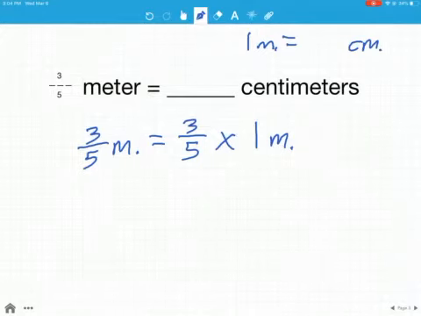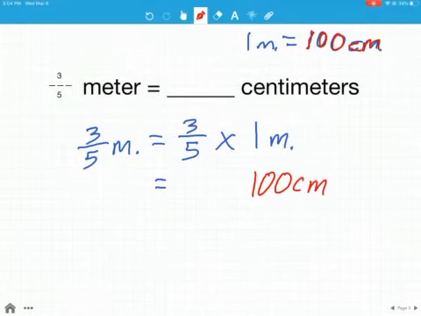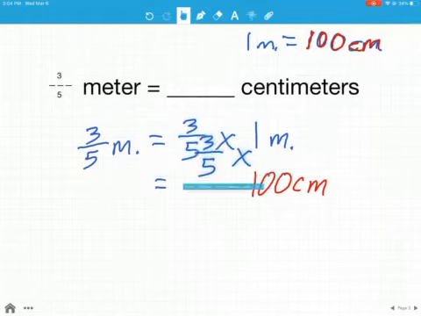Well, 100 means 100, so there's 100 centimeters in 1 meter. So now, we are going to change, let me go ahead and change this color, so you see where I'm getting it from. We're going to change the 1 meter to 100 centimeters, and we're actually going to keep the first part the same.